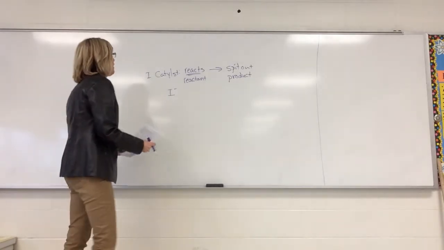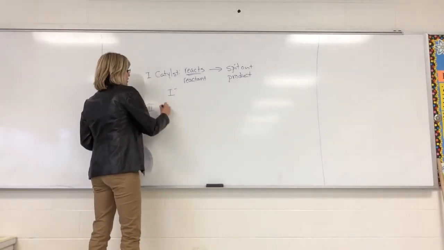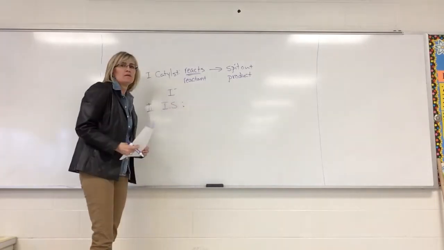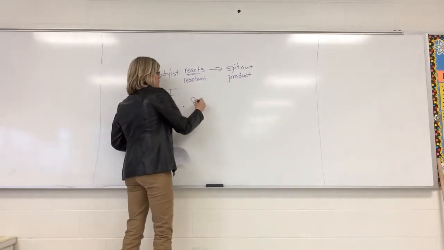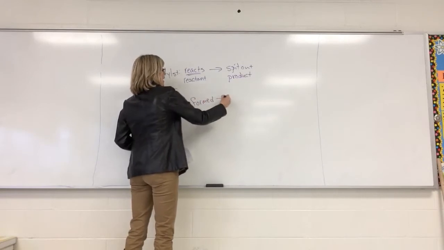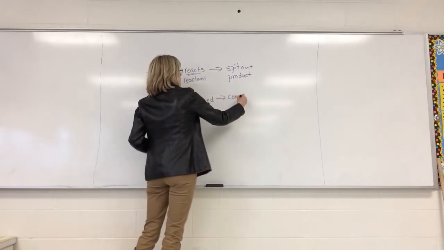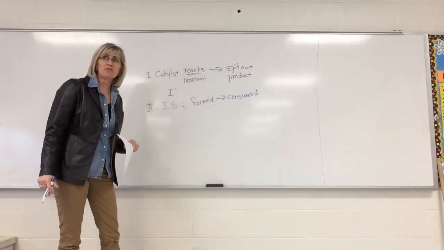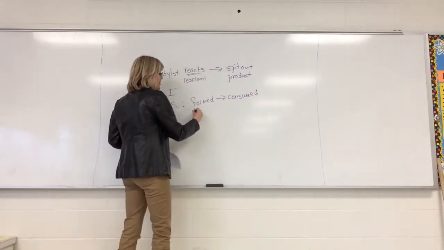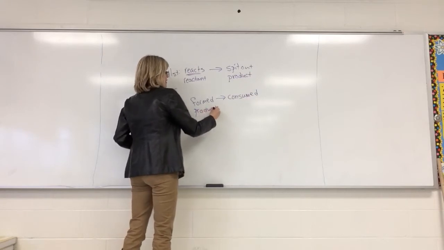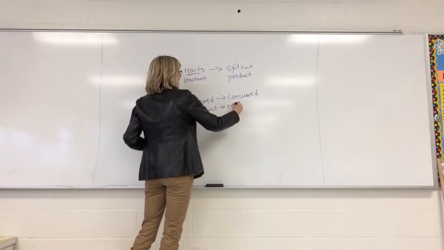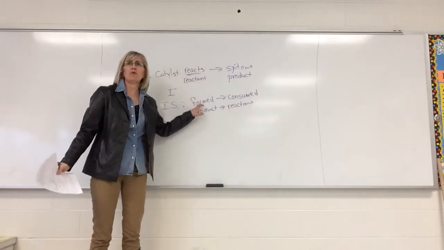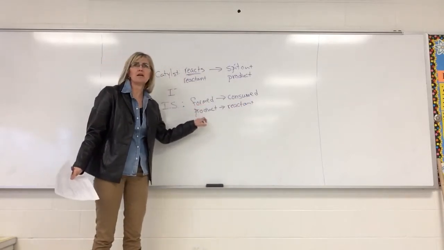All right, now, an intermediate species, and I'm just going to abbreviate that IS, is formed and then consumed. So the first place an intermediate species is going to show up is as a product, and then it's going to show up as a reactant. All right, because we got to form it. Where do you form something? On the product side.